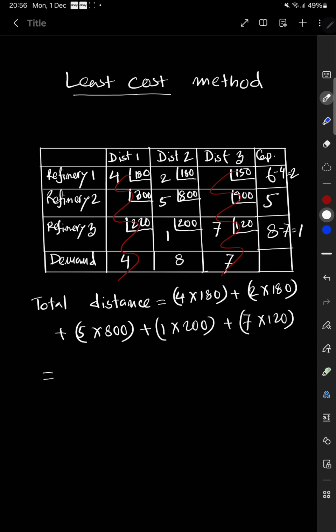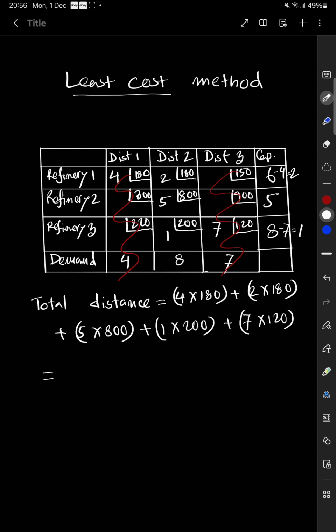Let me calculate it once again. 4 times 180 plus 2 times 180, plus 5 times 800, plus 200, plus 7 times 120.